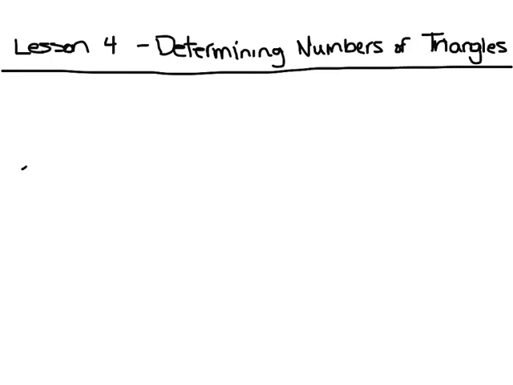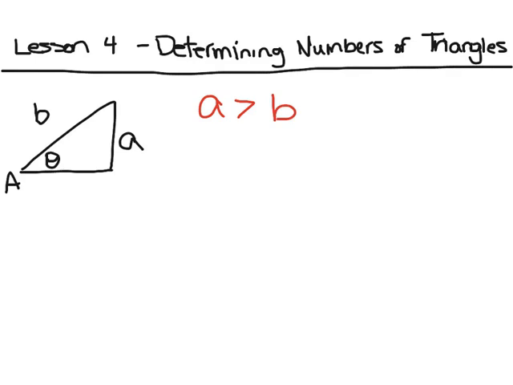So if you have a triangle, and you are given this angle, and you're given this side, we'll call it A, the side opposite it, and another side, we'll call it B. When you are testing to see if you have the ambiguous case, the first thing to check is if A is greater than B. If the side across from your angle is bigger than the other side you've been given, you will have one triangle.